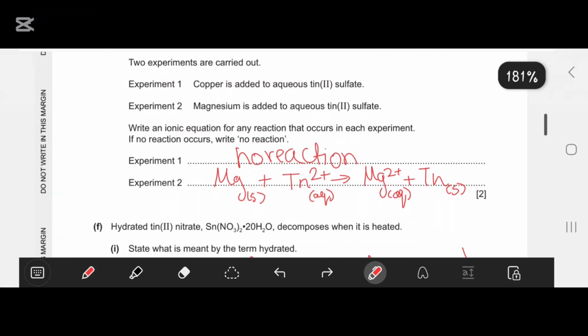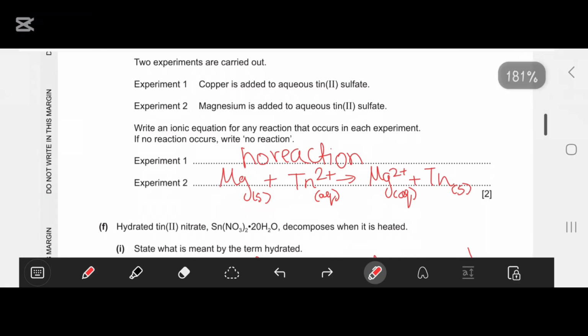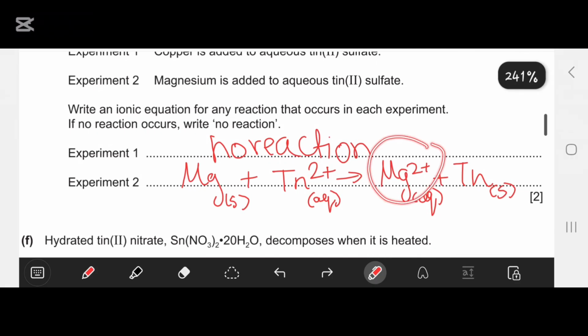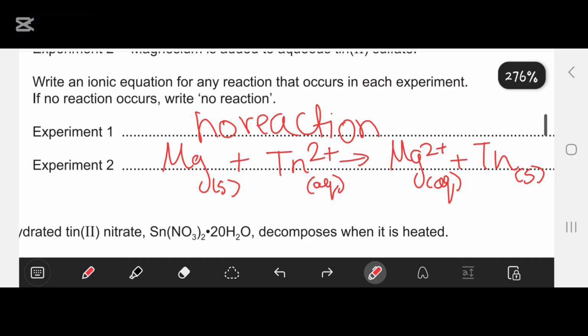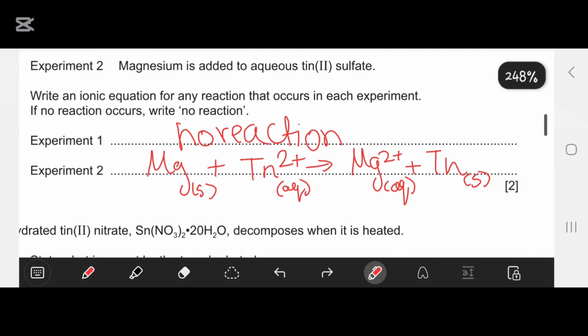It will react and it will give us magnesium sulfate, which we did the ionic equation. So it will give us Mg2+, which is the charge of magnesium, plus tin. It looks like the charge of tin went to magnesium, when what happened is that the magnesium only displaced the tin from the reaction.